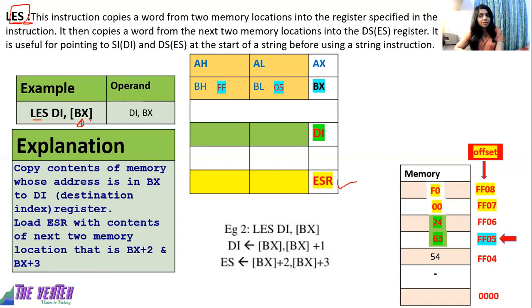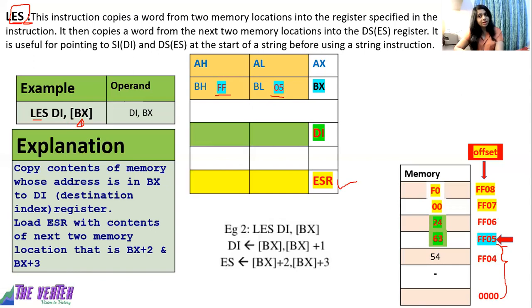BX holds FF05. What is this FF05? It is the offset, or effective address, or distance from the base location. So the BX register holds the offset of memory.